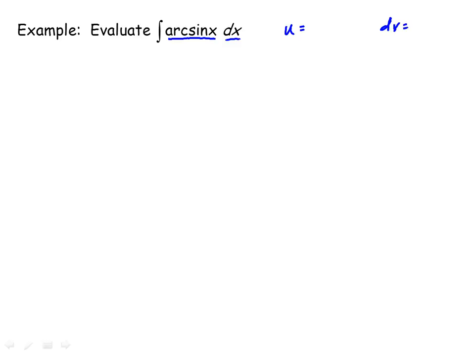And dx always goes with dv. So since dx always goes with dv, what has to be u? Because you only have 2 parts in this integral. And since dx always goes with dv, you don't have a choice. u has to be sine inverse x, or arc sine x.